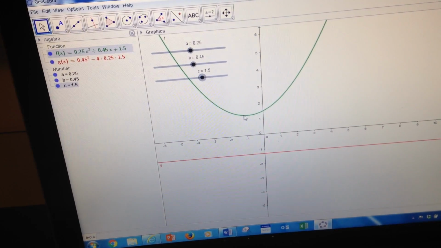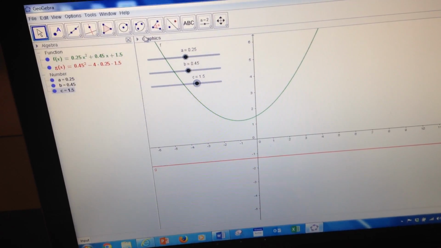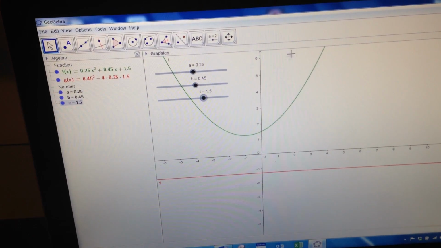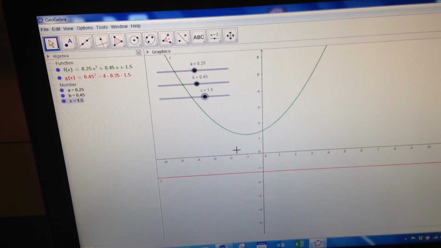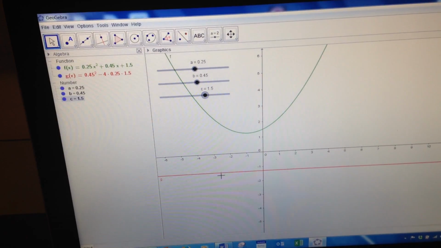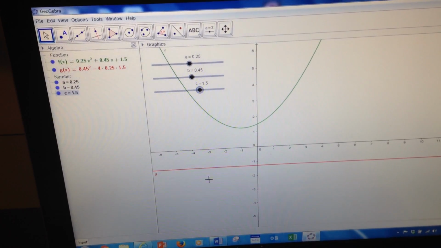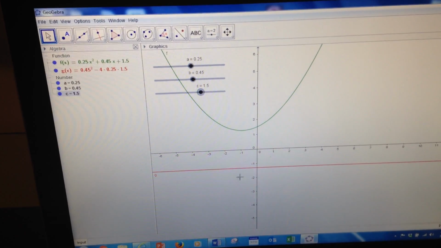Now I have a parabola with the vertex above 0, and it extends up to the positive, so it doesn't cross the x-axis. There are no roots. Therefore, our discriminant is now below the x-axis. It is negative. And when you have a negative discriminant, you have no real solutions for your parabola.